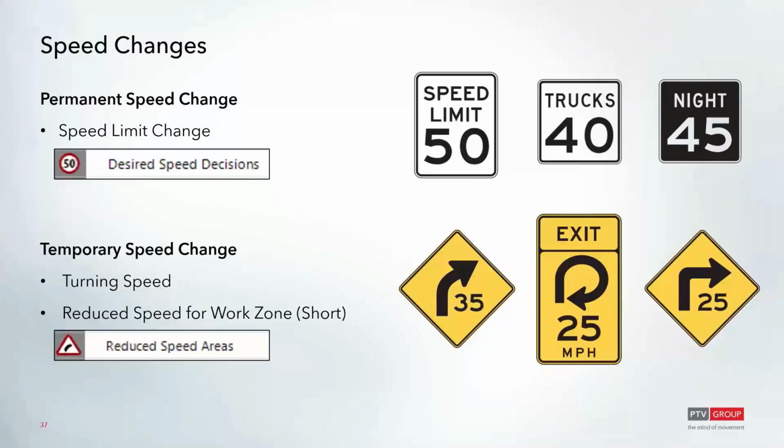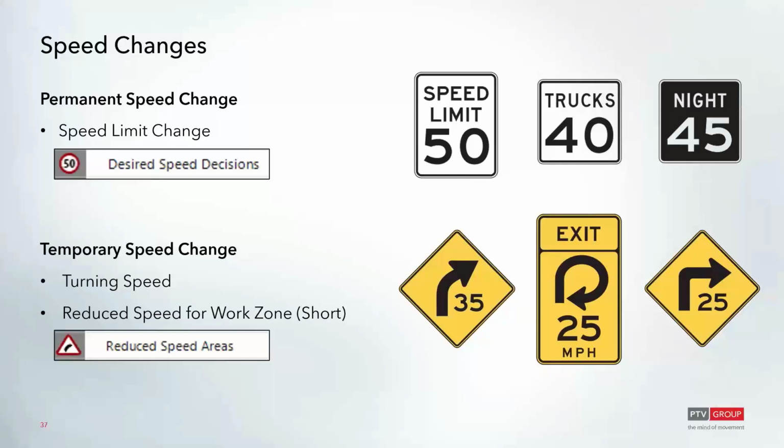All right, so moving away from that base data menu now, we're going to take a look at actually setting up the vehicle speeds within the network. There are really two types of speed changes that can be modeled within Vissim. One is a permanent speed change, similar to a speed limit, where you have a point with a set speed.